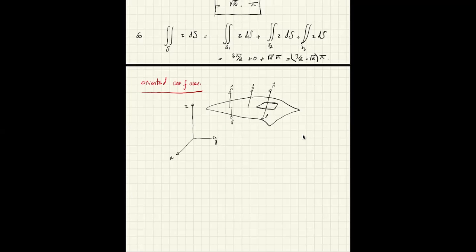If suddenly you change the orientation when you move around the surface, it's not going to be a nice orientation, because suddenly you're going to get the other side.